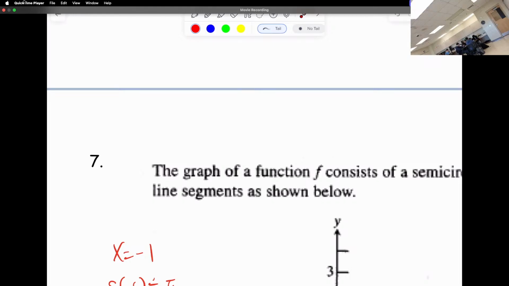Okay. So try question 7 and see if you can understand everything.